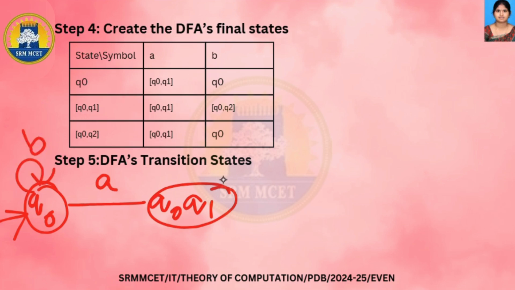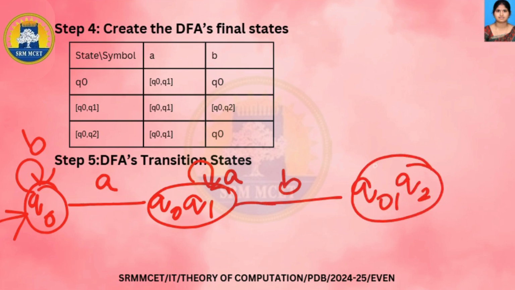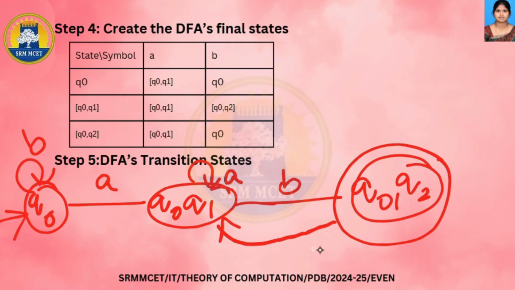Q0 Q1 using the input A is a self loop, and using B it changes to Q0 Q2. In the DFA diagram, Q2 is considered a final state, so any state in which Q2 appears is a final state in the DFA. Q0 Q2 using the input A changes to Q0 Q1, and using B it changes to Q0 itself.